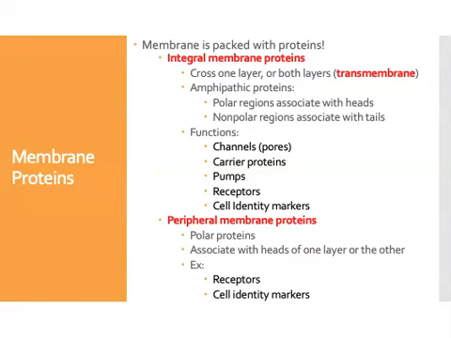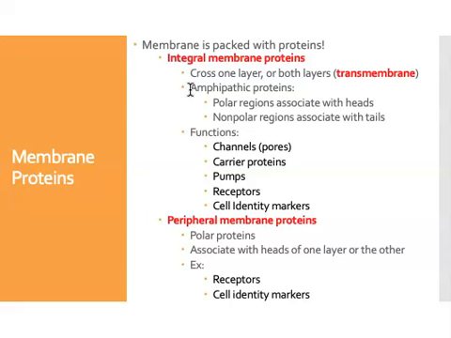These transmembrane proteins, in fact, all integral membrane proteins, are amphipathic. Part of the protein is polar, the part that hangs out with the heads of the membrane, and part of the protein is nonpolar, the part that hangs out in the tail region.